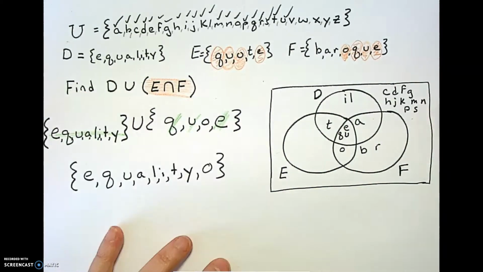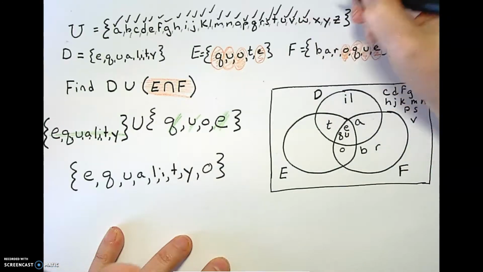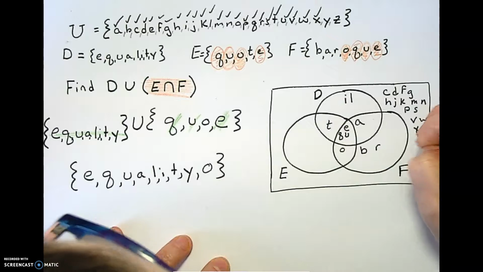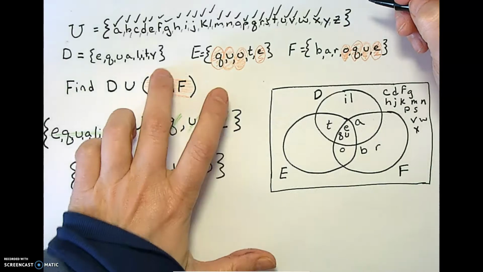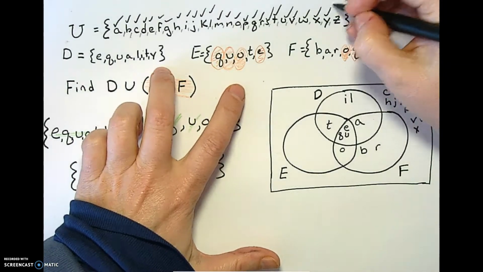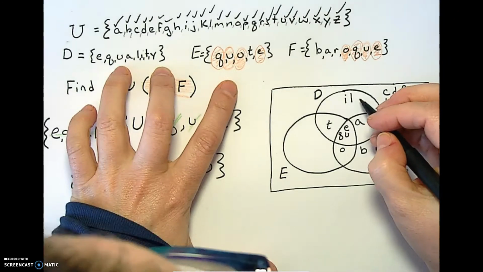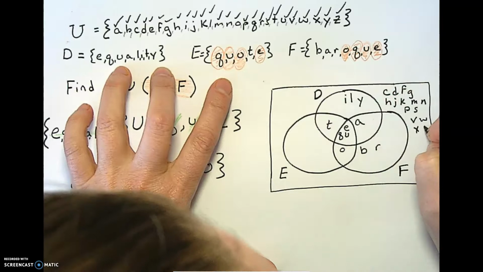V, I don't see anywhere. There's no W or X. And there is one Y, but no Z. So Y is just in the word equality, and there's no Z.